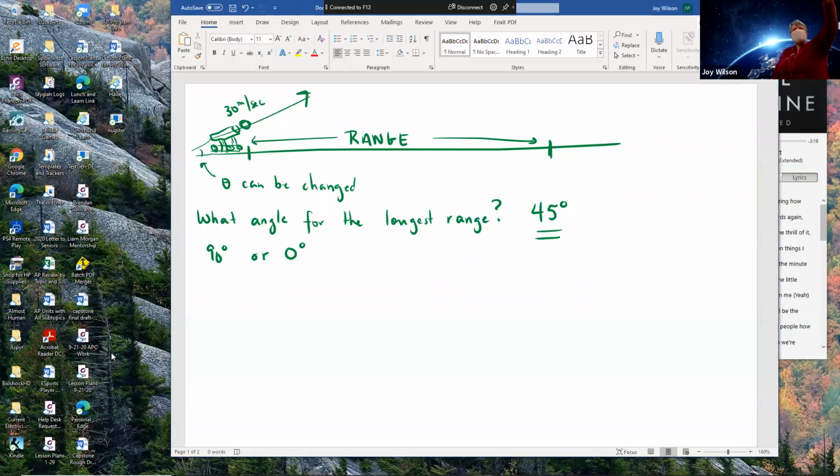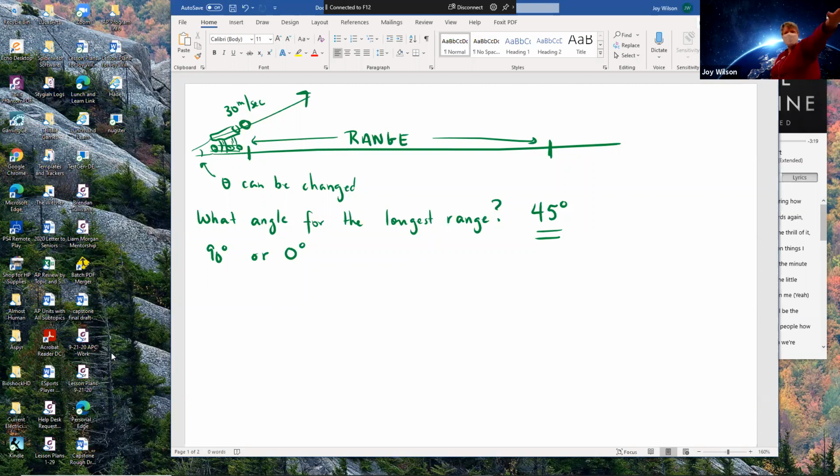If I want it to go way down there, where do I want most of my speed to be located? If I want a big range, I want most of the speed to be a forward speed. But I also need it to stay in the air, right? I don't want it hitting the ground really quickly.